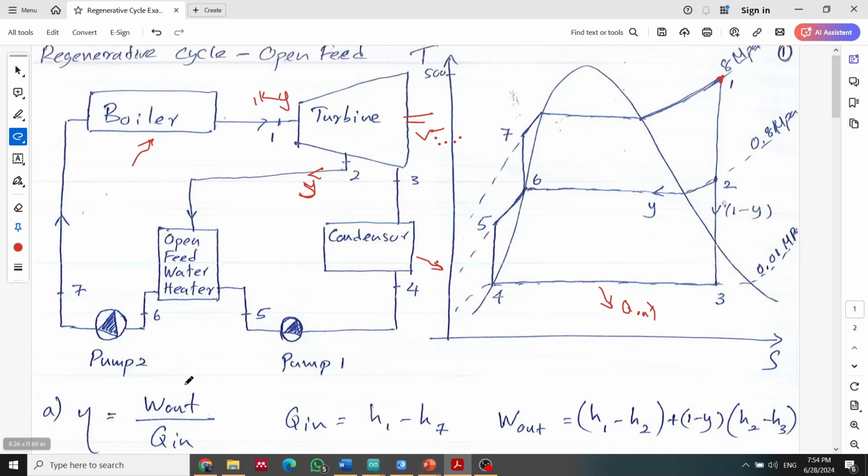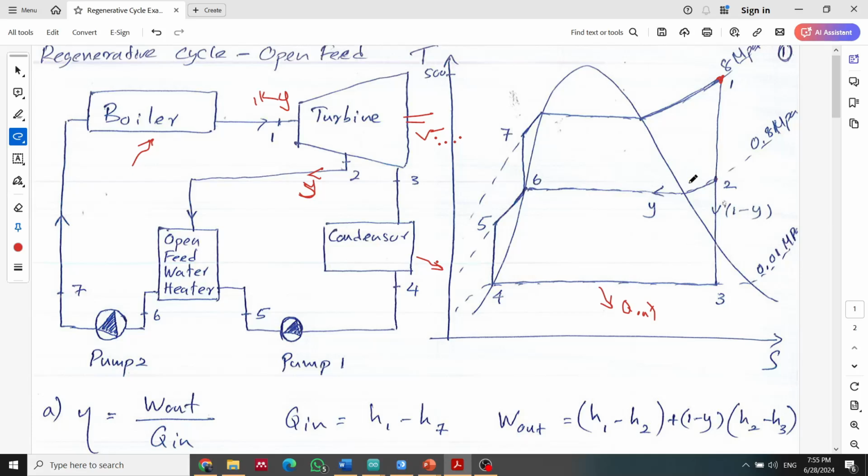Then W out is somewhat different. If you remember, last time in the normal Rankine cycle as well as the reheat Rankine cycle, we got W out as H1 minus H3, whatever the enthalpy in here minus whatever the enthalpy in here. But here we have a problem, because you are running 1 kilogram here, but here you get 1 minus y, because some amount of steam is drawn back, extracted for feed water heating.